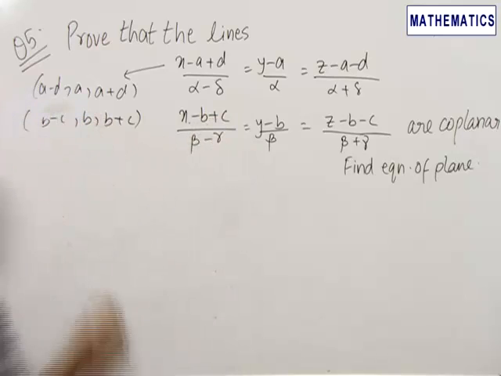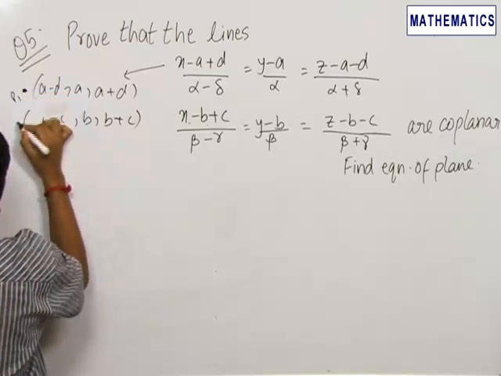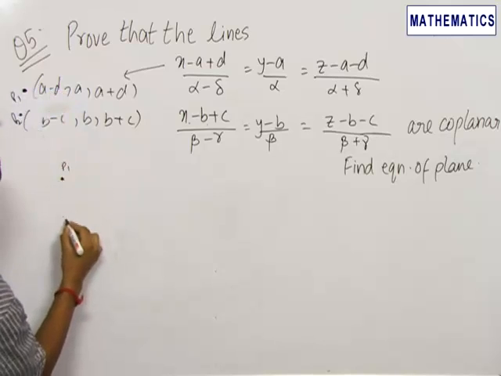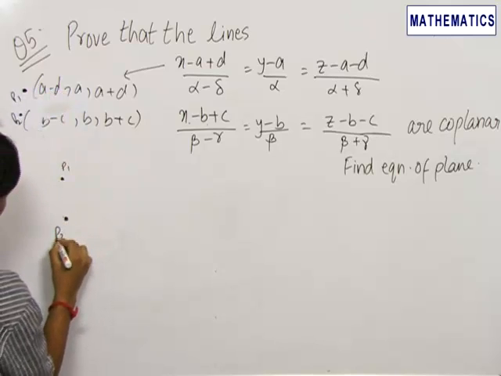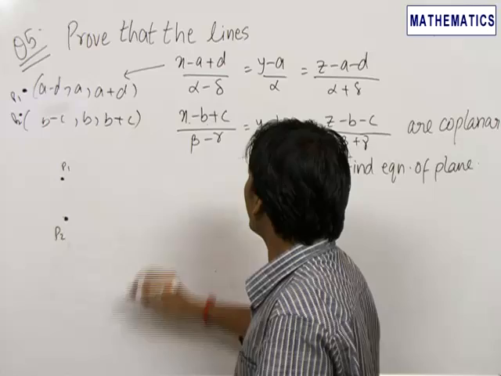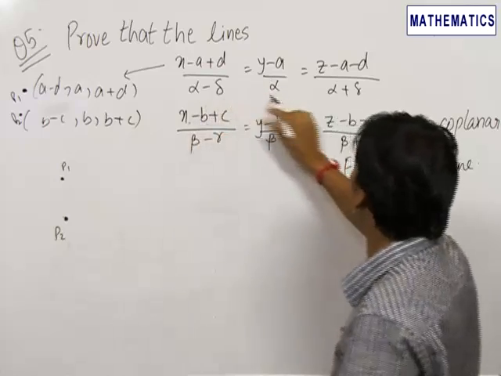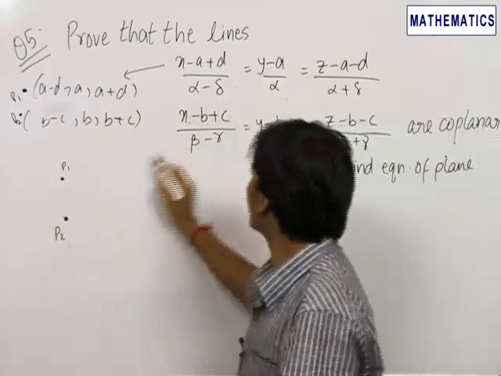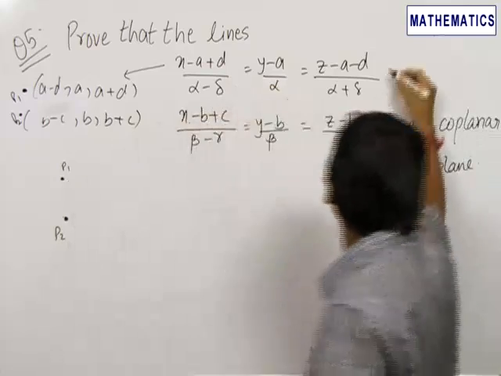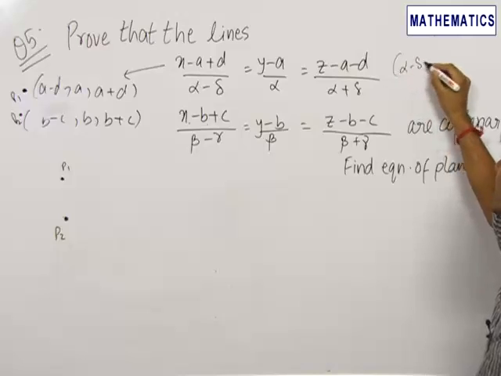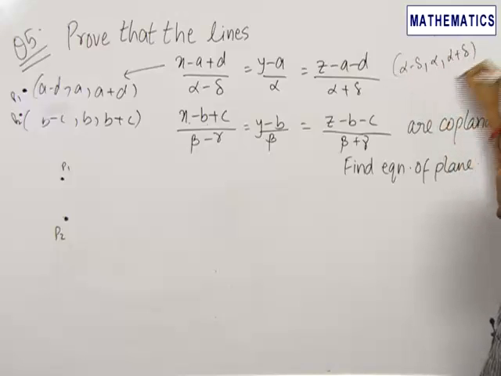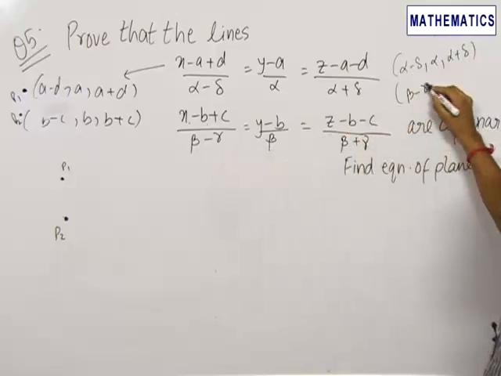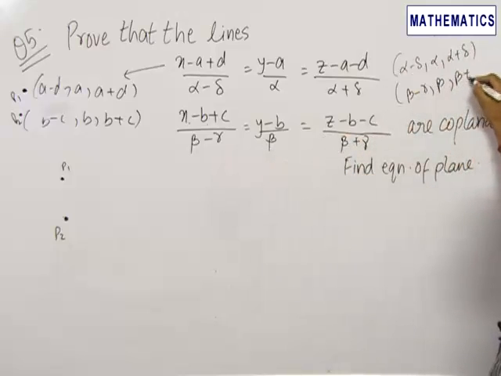Now let this point be p1 and this point be p2. We have a point p1 over here and a point p2 over here, and we have the direction ratios of this line given to be alpha minus delta, alpha and alpha plus delta. Therefore let this constitute the vector, and this one constitute the vector, the direction ratios of the second line, beta minus gamma, beta and beta plus gamma.